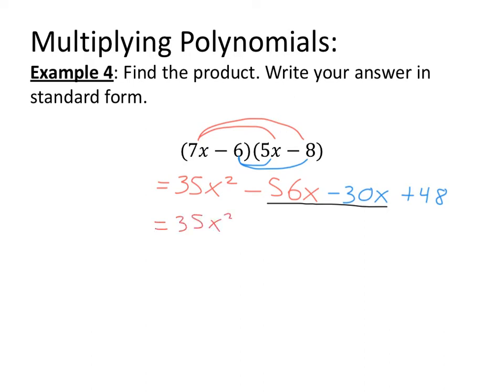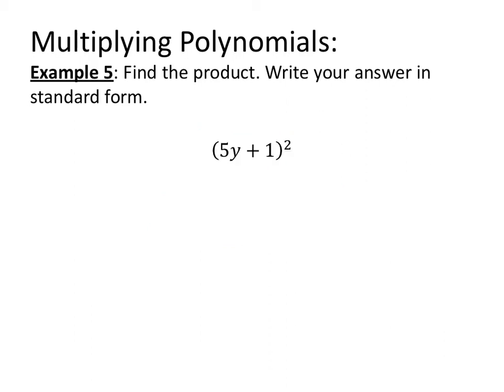Now negative 56x minus 30x, it's going to give me a negative 86x, and then plus the 48. Again, we'll just double check to make sure it's in standard form, and since we've got an x squared, an x, and a constant, we are definitely in standard form, and so we can simply circle our answer.